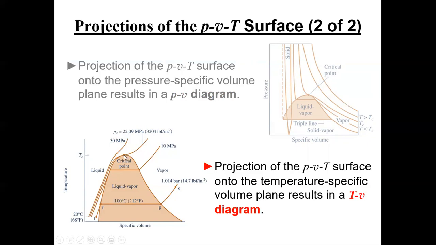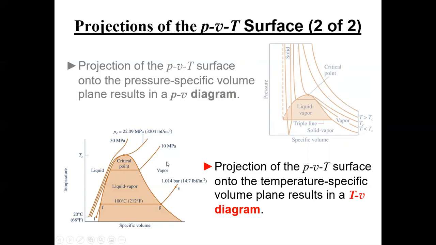That's the only point it touches the dome, does not enter the dome. And so we see for water, it's 22.09 megapascals or 3204 pounds per square inch absolute pressure. So at pressures above that, we cannot get to the saturation dome.